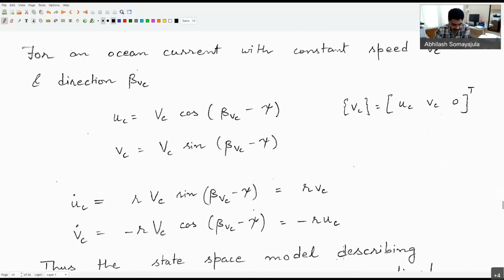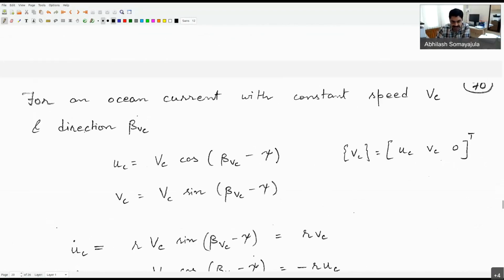So when we do have ocean currents, you remember that I told you that this so-called rigid body Coriolis matrix, we can express it in a term where it doesn't depend on the linear velocity. That is useful for us to deal with currents. We'll briefly discuss it now, but when we talk about ocean current forces, we'll discuss that in detail at that time.